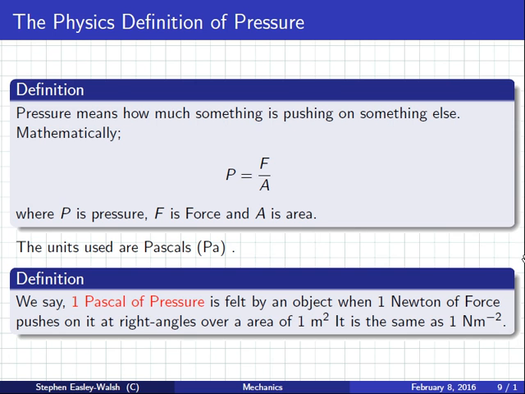There we go. Okay, so now we have the definition for a Pascal. It's the same as 1 Newton per meter squared. Please write this definition down. You sometimes have it in the exam. Did you write this definition down for Pascal?